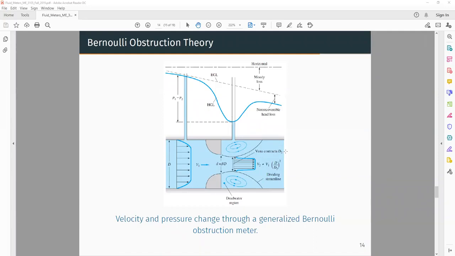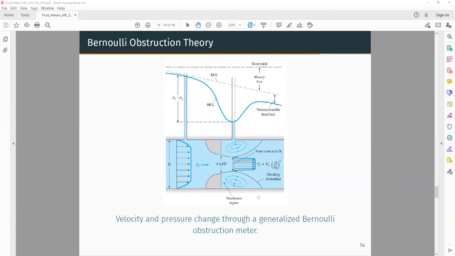Why is this? This is because of the non-recoverable minor loss. As the fluid is forced to go past this orifice, the sections here and here are static fluids rotating in arbitrary directions. That is, these are the eddy losses we have seen or known from minor loss.